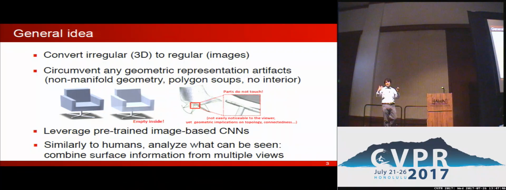So the more data, the better for deep learning. So image-based architectures have this kind of advantage. And also, I would like to mention that the view-based representations are somewhat motivated by human vision. I don't want to say that we are inspired by human vision because nobody knows exactly how human vision works, but essentially we can recognize that a chair is a chair by just looking at it, by a particular view. We analyze what we see. We don't see the interior of the shape. We can infer that the shape is a chair just by looking at the surface of a particular view.